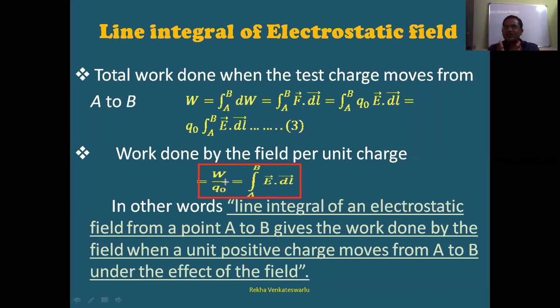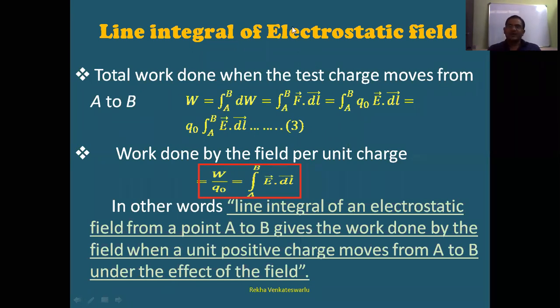So integral A to B E bar dot dl bar gives the work done in moving the unit positive charge from A to B. That is the physical meaning of the line integral over the curved line from point A to B. So this is the line integral of the electrostatic field.